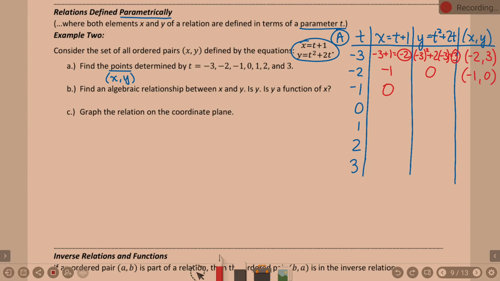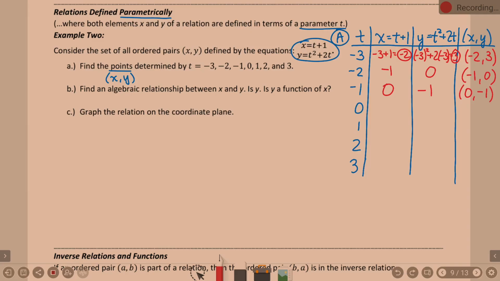Put in -1 for t over here. I don't think I've heard what I want to hear yet. Oh wait. -1. There we go. So -1 squared is 1. 2 times -1 is -2. 1 minus 2 is -1.